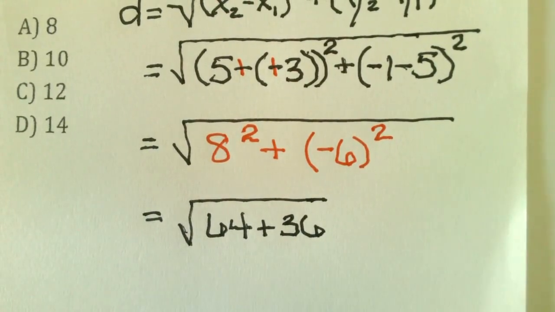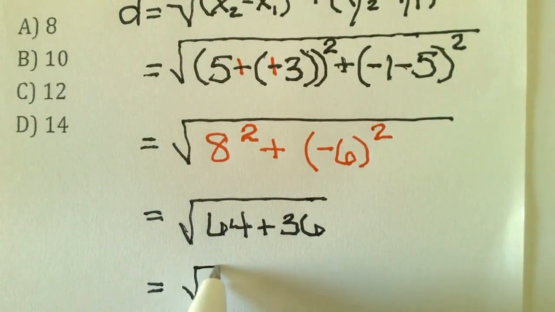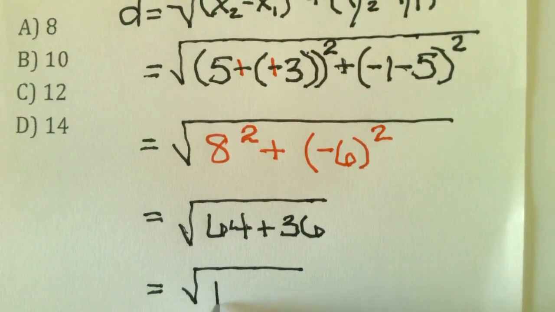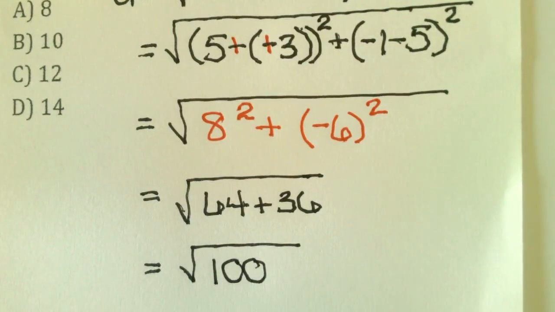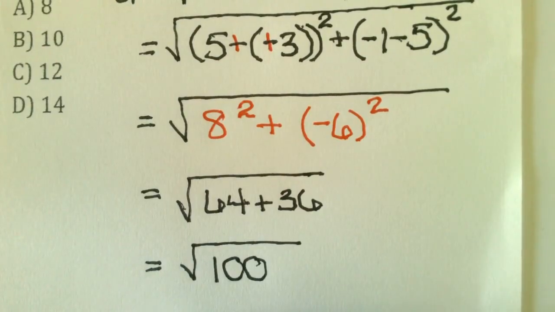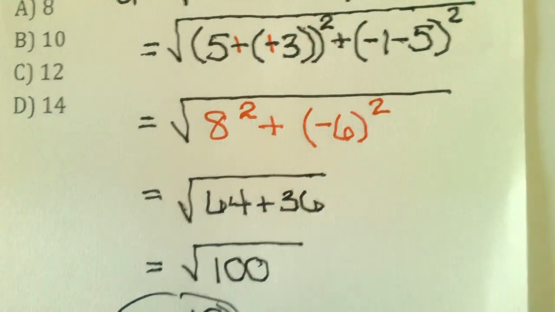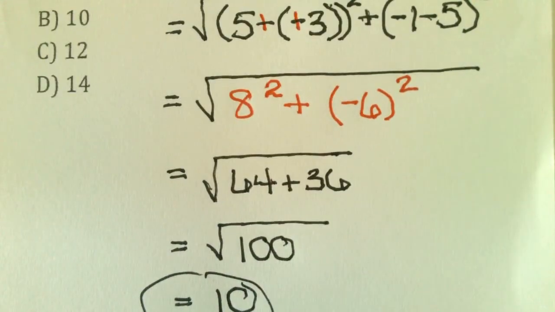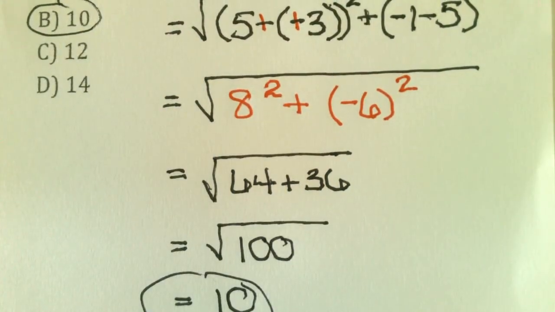So 64 plus 36, that gives us 100. Okay. And the square root of 100, that's 10. So your answer for this is going to be B, 10.